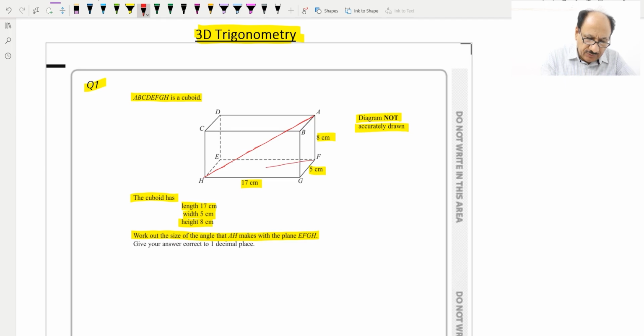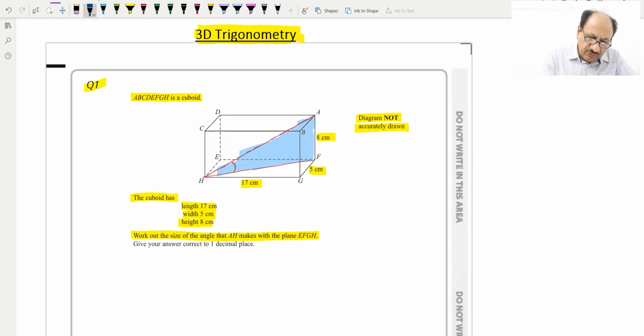If we draw the diagonal of the base, this will be the diagonal of the base, and the angle they are asking for is this one, which is between FH and A. So we need to consider this triangle, and in this triangle we will be solving.